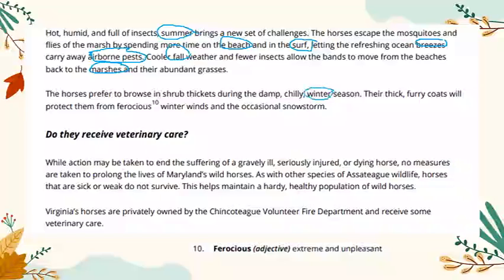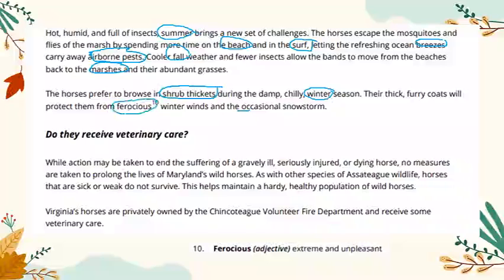All right, so in the winter, they go to the shrub thickets. Wonder why. Their thick, furry coats will protect them from ferocious winter winds and the occasional snowstorm. I guess the shrub thickets, that would be like really thick shrubs. That could protect them from some of the chilly winds too. So ferocious, number 10, we have ferocious winters here, extreme and unpleasant.